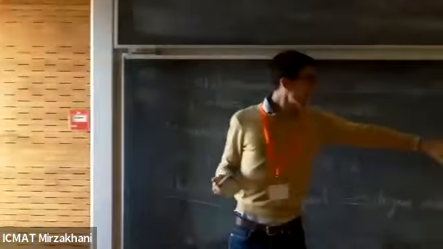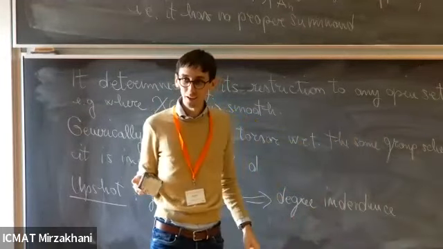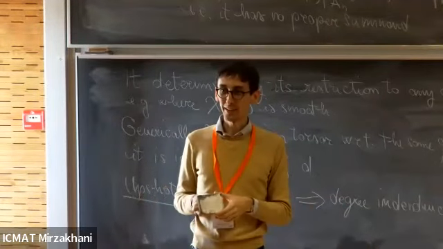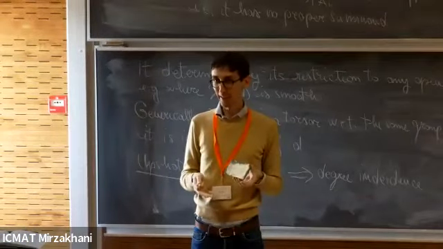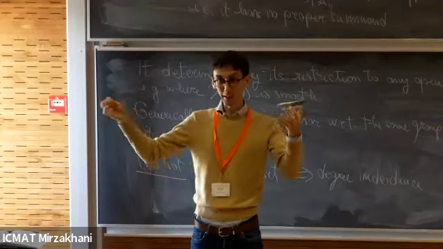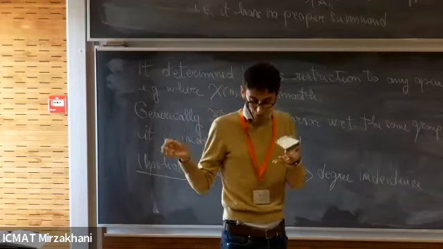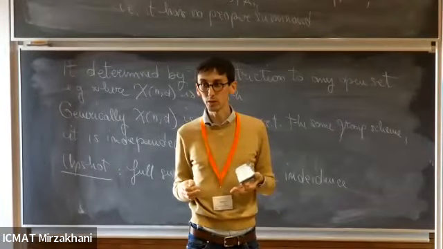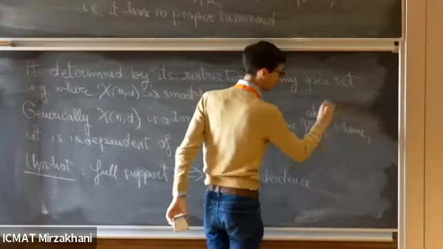What I'm saying is that if you take another group scheme, a C star group scheme, S1 group scheme, like S3 over S2, or S2 times S1 over S2, these are two torsors over S1, but they don't have the same cohomology. What doesn't work here is that you don't have the degeneration at page 2 of the Leray spectral sequence. So this is important, that it is an abelian group scheme.